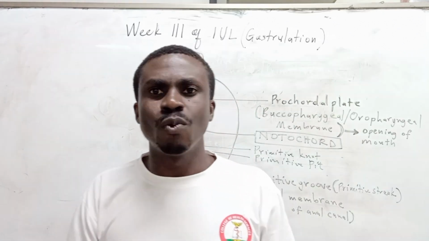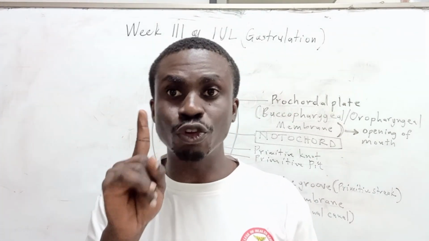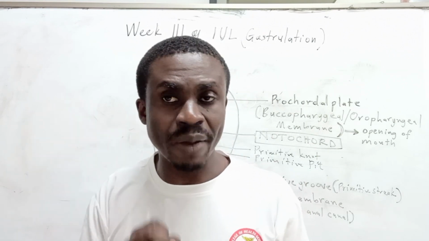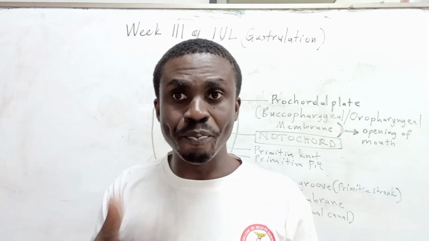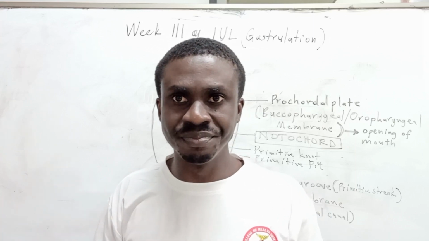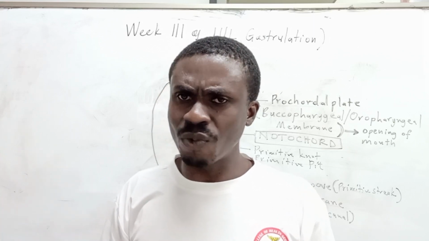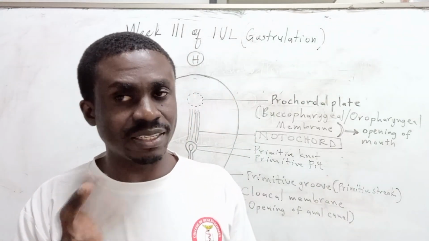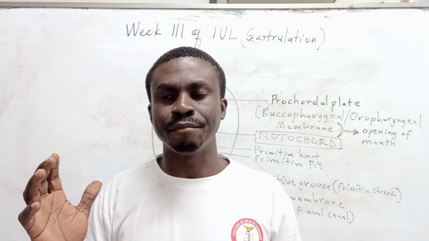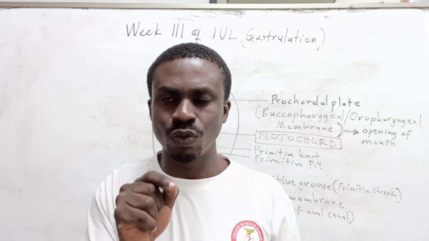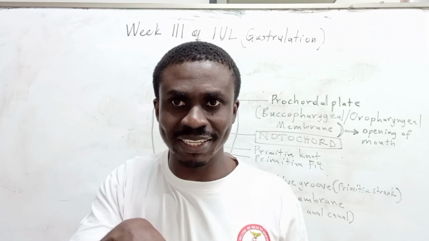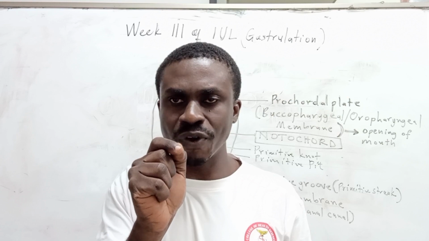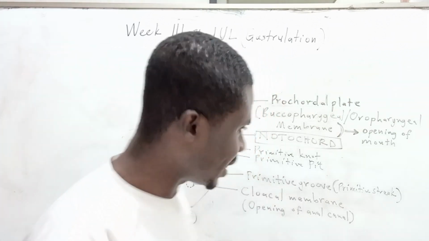But for now, one thing I want you to know is that this notochord, after establishing the laterality of the embryo and forming the basis of the axial skeleton of the embryo, has remnants that will form what we call the nucleus pulposus of the intervertebral disc.